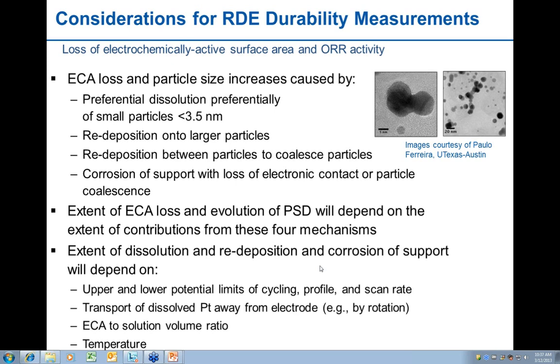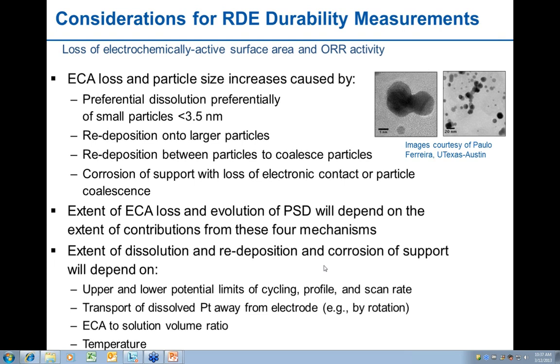And I've shown a couple of micrographs from the University of Texas showing how this occurs, that you have deposition of platinum between the particles and you see long chains of particles, which results in a loss of electrochemically active surface area. And finally, you can also see corrosion of the support.